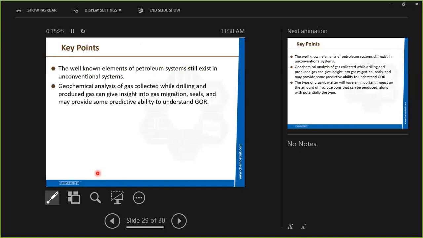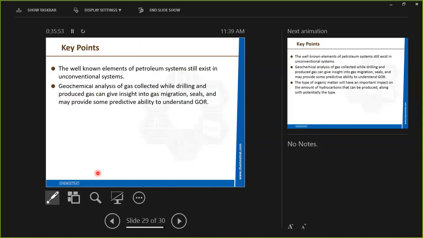Another point is geochemical analysis. It can give you some insights into things like gas migration, seals, and how to predict GOR. You can imagine that if you were to drill, say, a pilot hole, you can collect gas while drilling, and depending on how quickly you get the data back, you can estimate the yield or the GOR you'd expect for different intervals before you completed them.